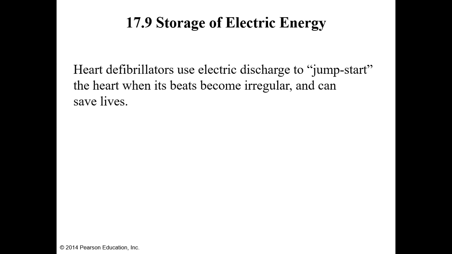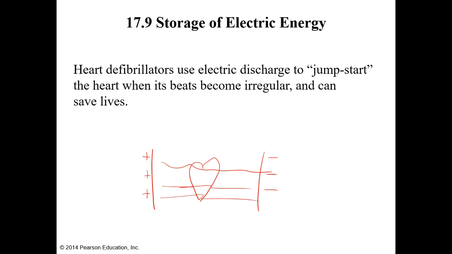You put the paddles on the human body around the heart, and then you discharge the energy stored in the paddles of the capacitor. So you have the 2 plates of your defibrillator around the heart, and it's going to cause a jolt, an electric shock, to pass through the heart.